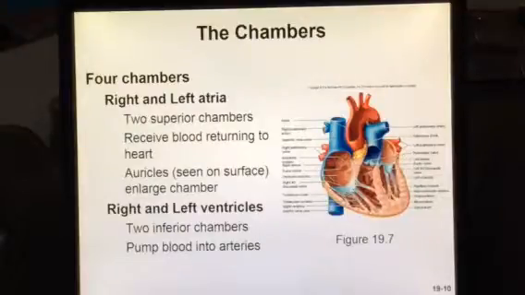And then the inferior chambers, or the lower chambers, are the ventricles, the right and the left, and they pump blood away from the heart into the arteries, taking the blood either to the lungs or to the body, depending on which ventricle we're talking about. So you should be able to pick those out given any heart picture, and know exactly where the blood is coming from and where the blood is going after each chamber.